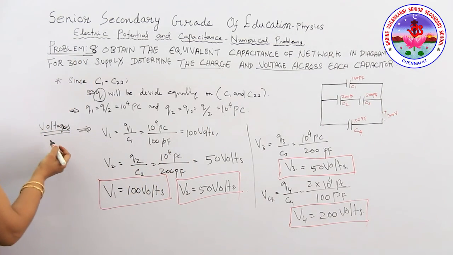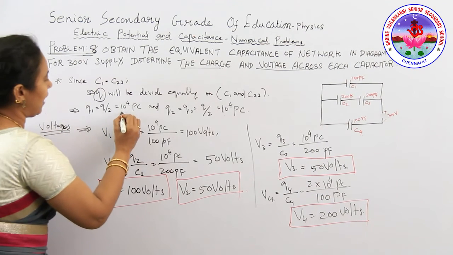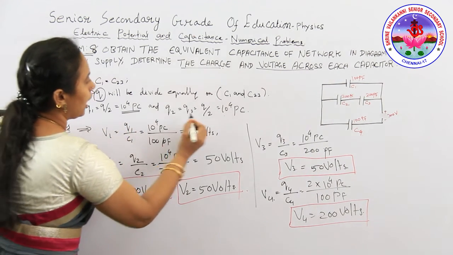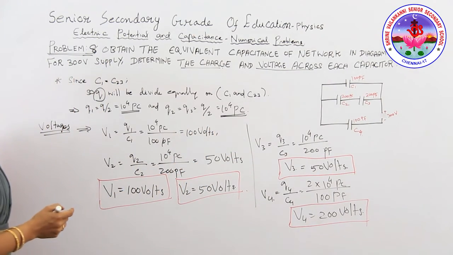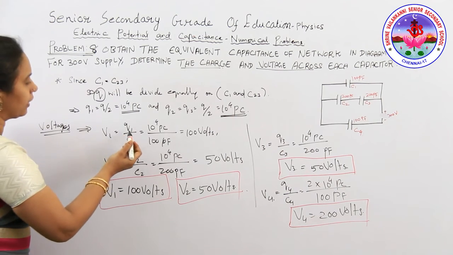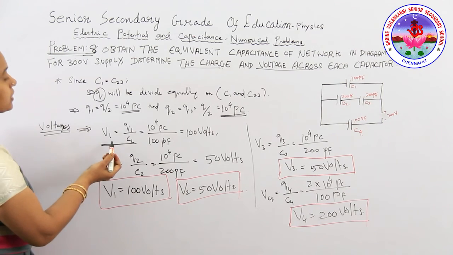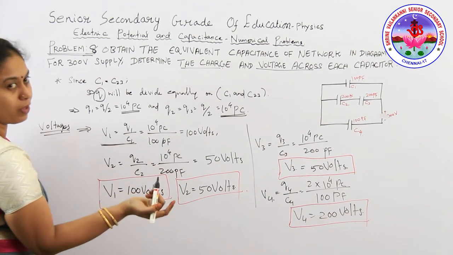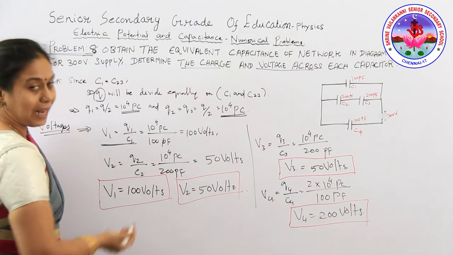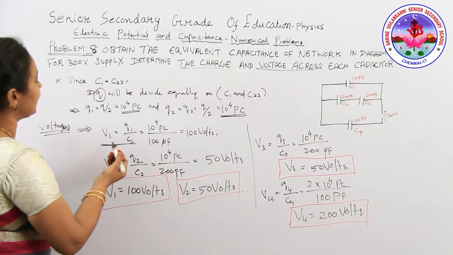So now we are going to calculate the voltages. We have the charges Q1, Q2, Q3 as 10 power 4 and Q4 before. With the help of that, the base formula for voltage is V1 equal to Q1 by C1. By applying the Q1 and C1 values we have already calculated, we get the voltage across each capacitor.